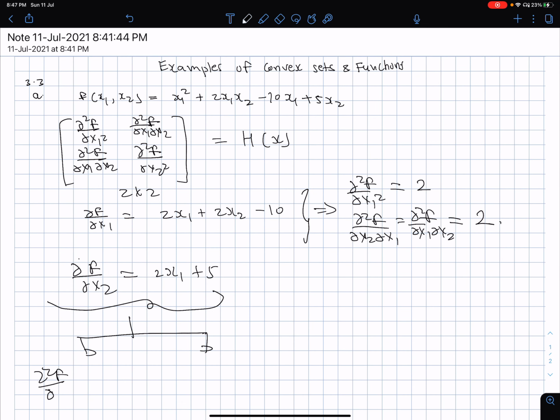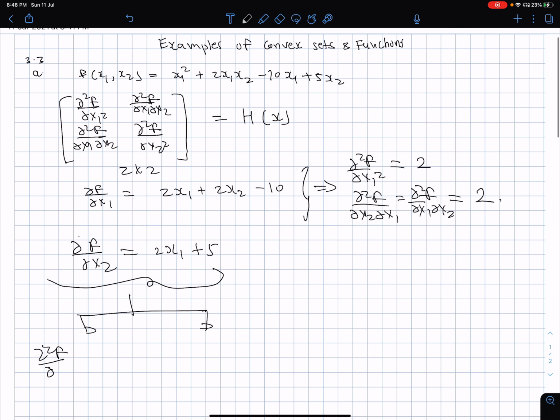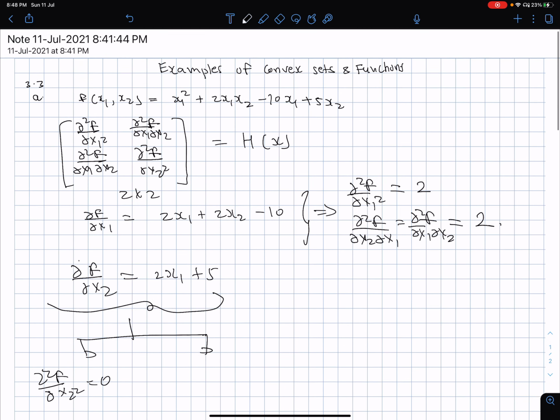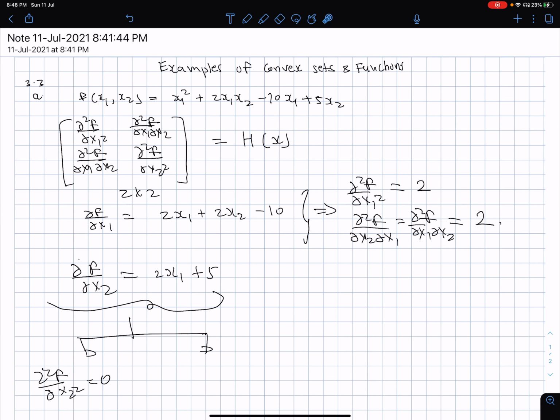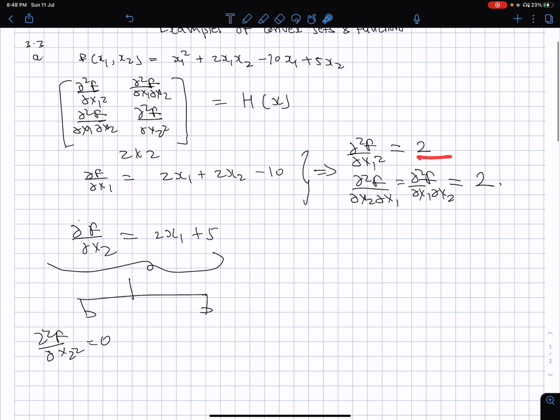No, there is no mistake, there is no x2 square here, so that's why del square f with respect to del x2 square will be 0. That is obvious because there is no quadratic term in x2 here. Only a quadratic term in x1 is there, that gives me a 2, but no quadratic term in x2, so therefore I get a 0 here.